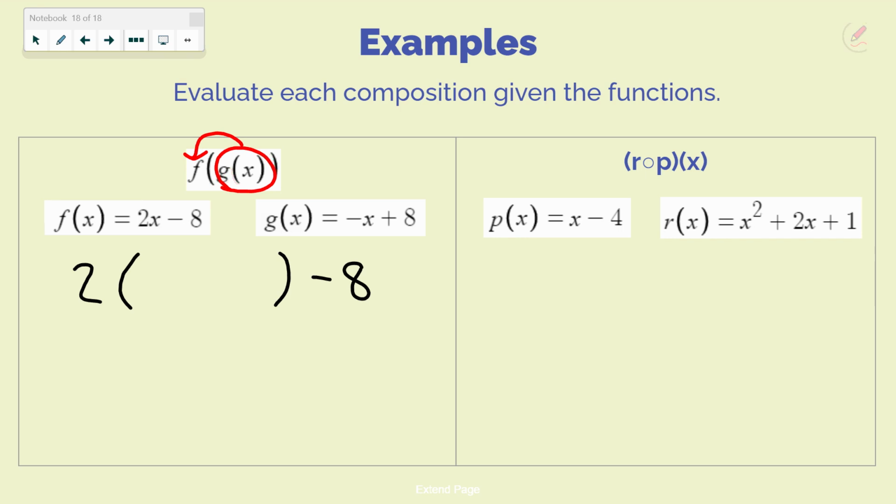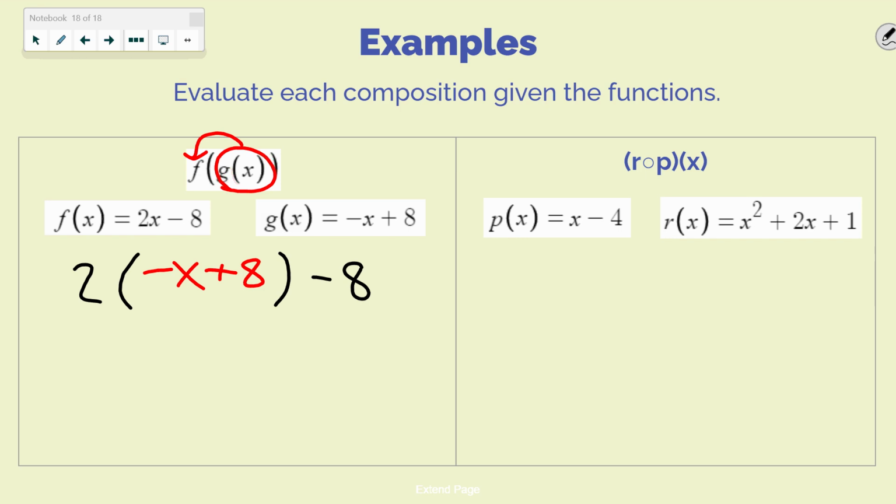And what's our g of x function? Negative x plus 8. So this is why those parentheses are so important here, everybody, because without them, you might not do that algebraic simplification correctly. Those parentheses really cue us what to do next. What's it telling us to do? Distribute, right?